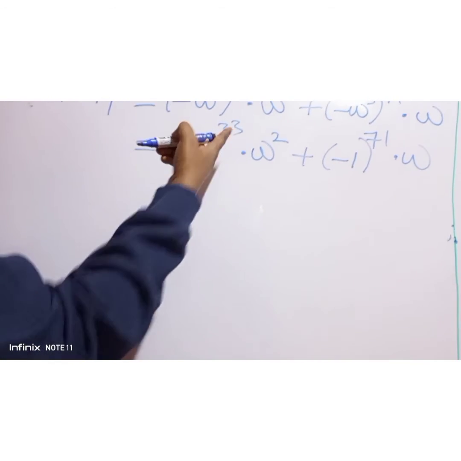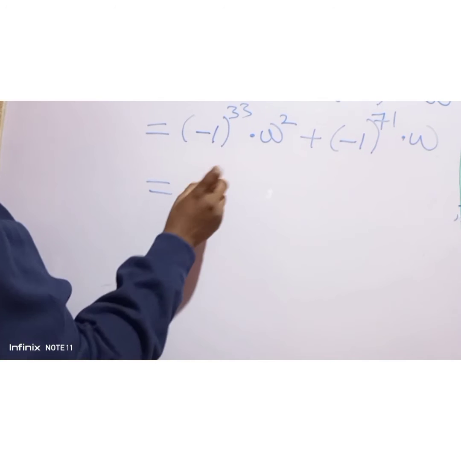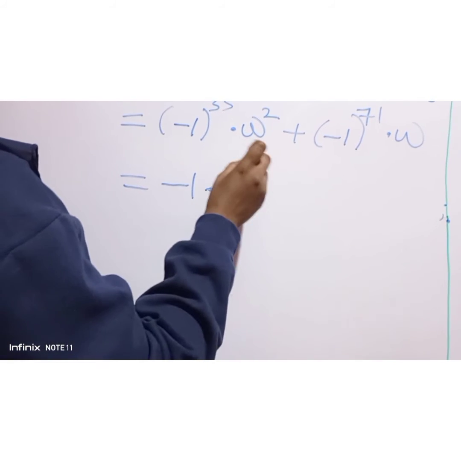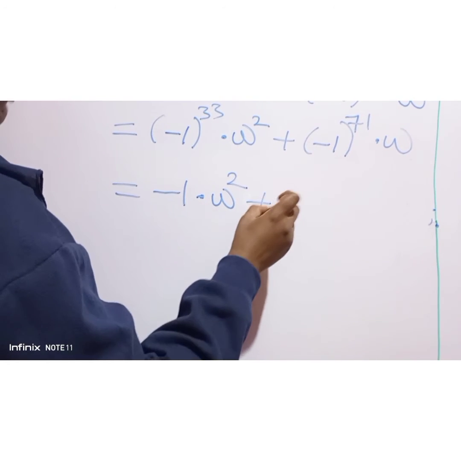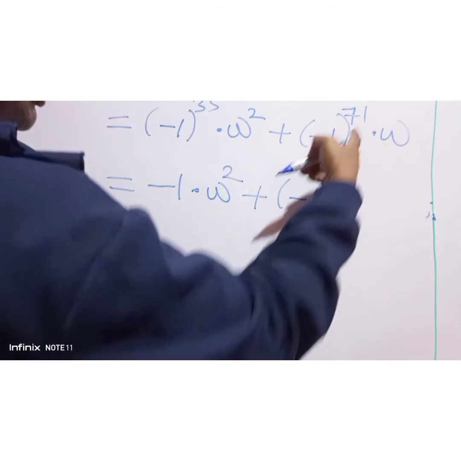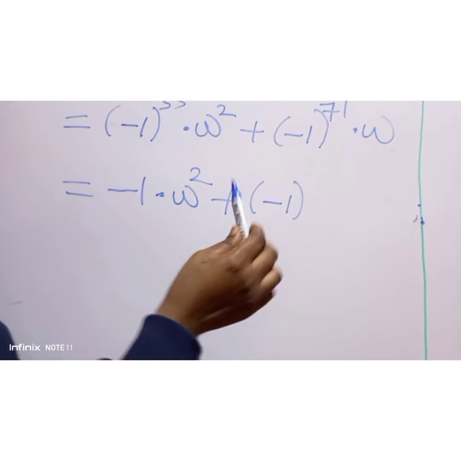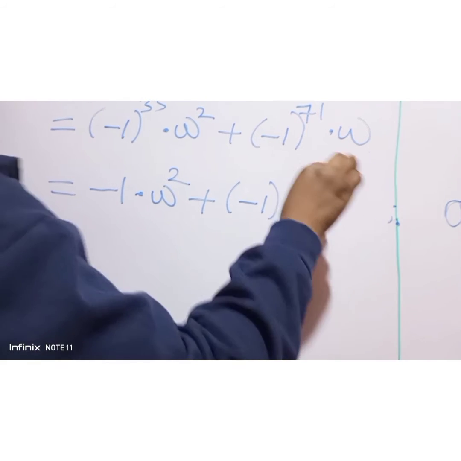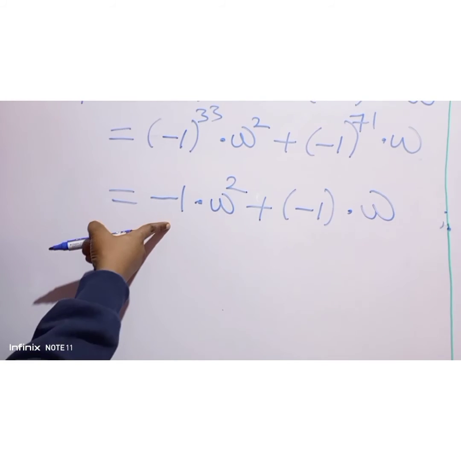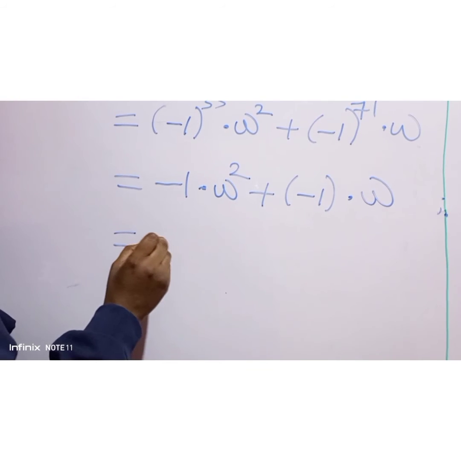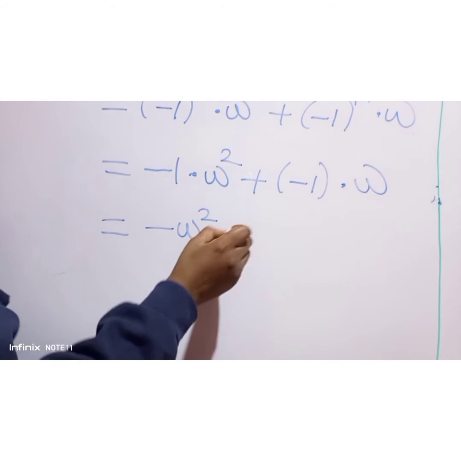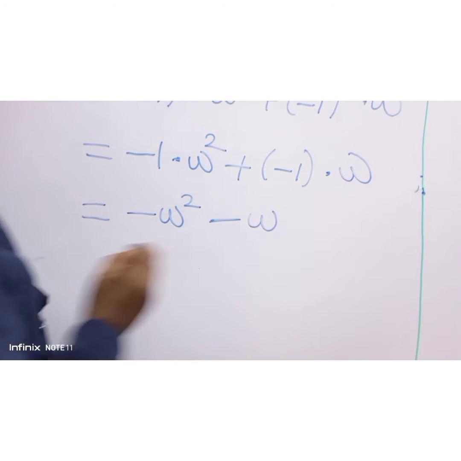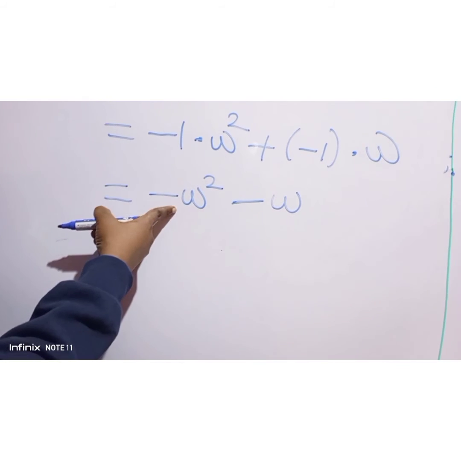So minus 1 raised to the power 33 will give me minus 1 because the exponent is odd. So multiplied by omega squared, then plus minus 1. The power of this minus 1 is also an odd number, so the answer will be negative, multiplied by omega. So minus 1 multiplied by omega squared will give me minus omega squared. Then plus times minus will give me minus omega. So let me factorize minus out.